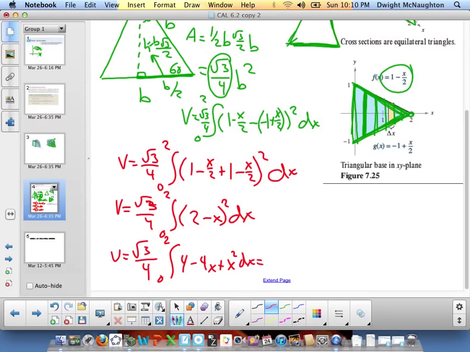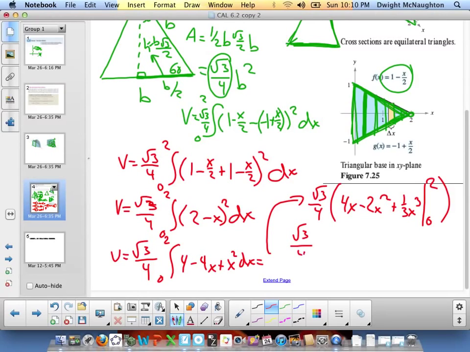All right, we'll go ahead and integrate this. We'll end up getting square root of 3 over 4 times 4x minus 2x squared plus 1/3 x cubed from 0 to 2. Substitute in 2 and 0. 0 really just cancels everything off with the x's.